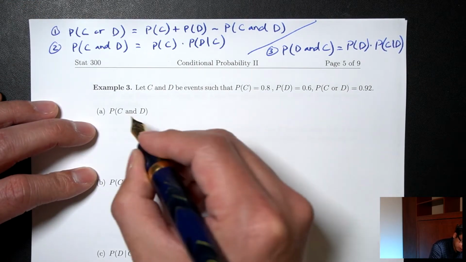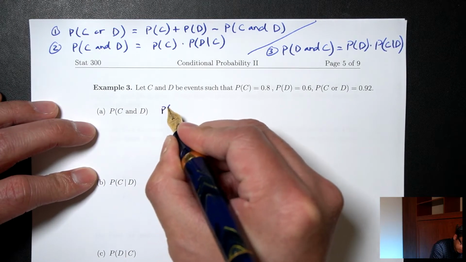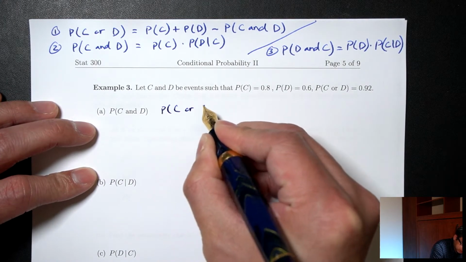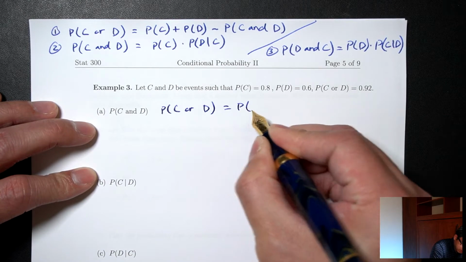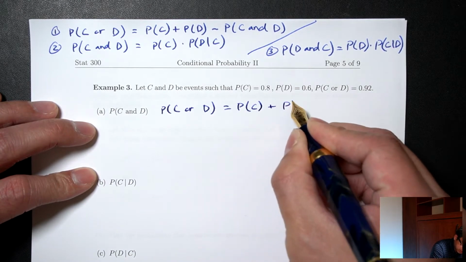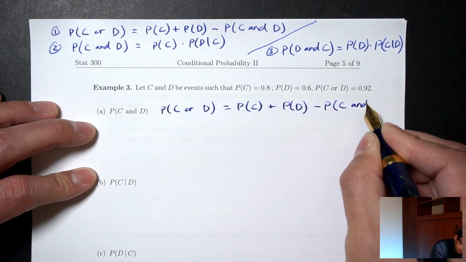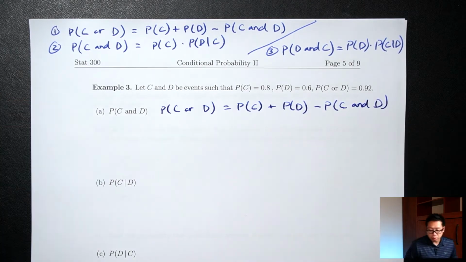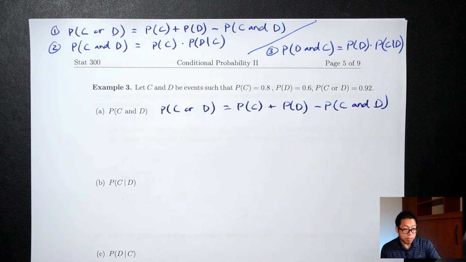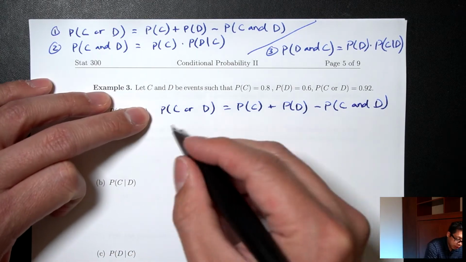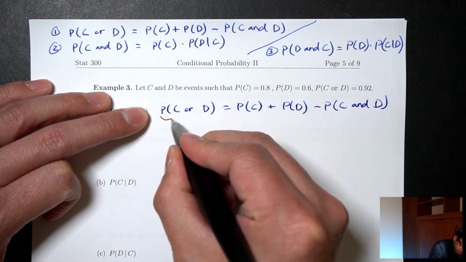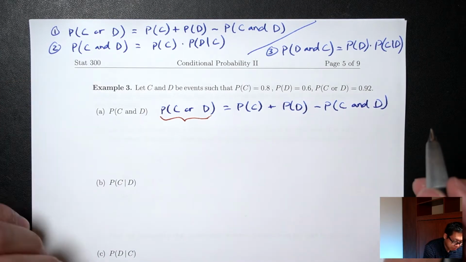So let me recopy that. C or D equals probability of C plus probability of D minus probability of C and D. Okay, go through and plug in numbers. The left side here, C or D. Do I know C or D?